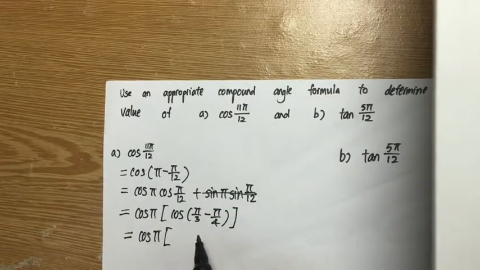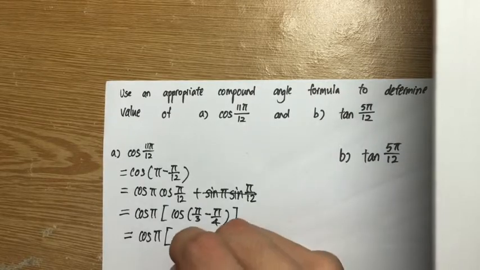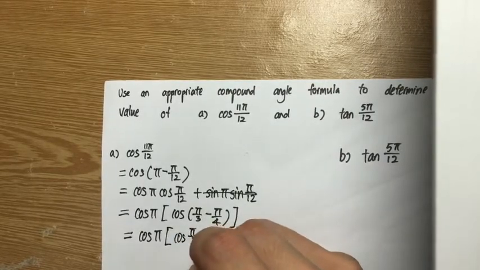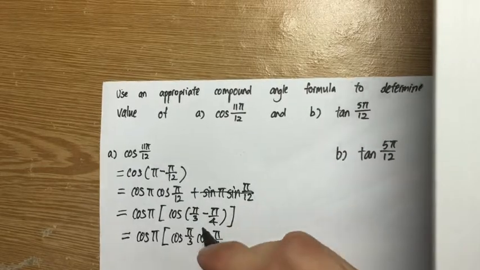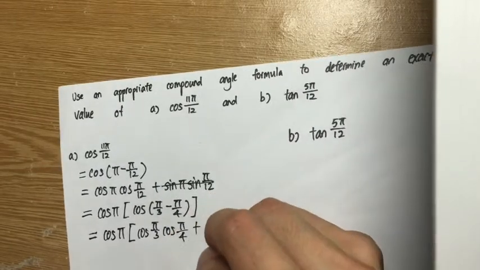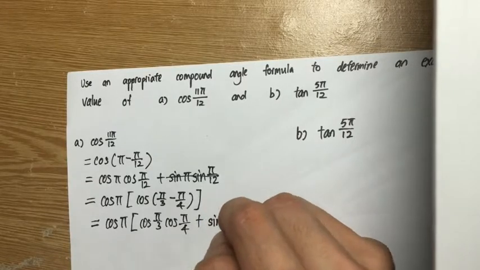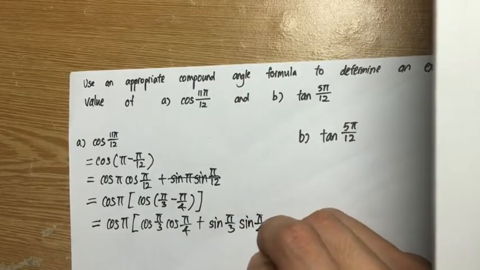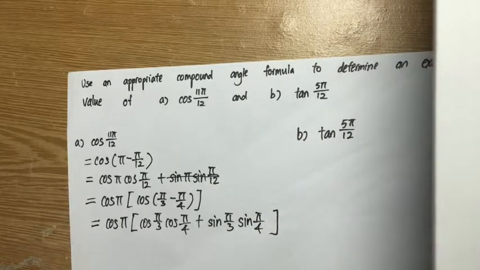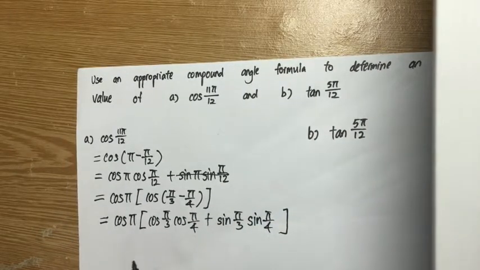By applying the compound angle formula, we will get cosine pi over 3 cosine pi over 4 plus sine pi over 3 sine pi over 4. From looking at this expression, we can see that the angles are now special angles, and hence we can derive exact trigonometric ratios for them.